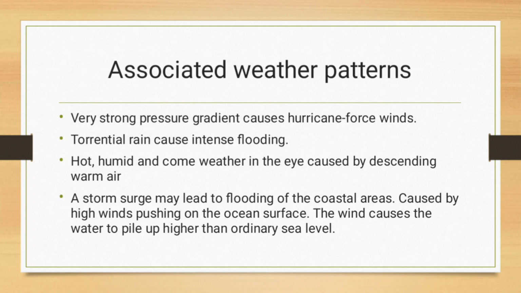The flood is caused by the high winds pushing on the ocean surface. So the wind from the hurricane pushing on the ocean surface is going to cause the water to pile up higher than the ordinary level. So when it piles up, it is going to land on the land. Right.